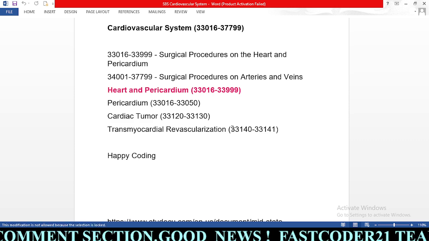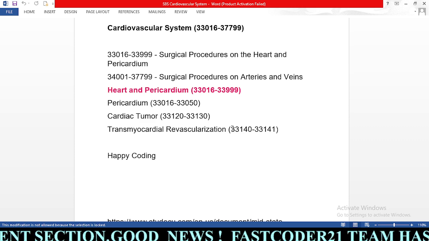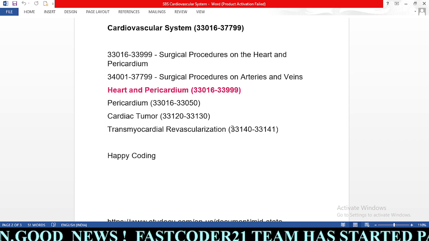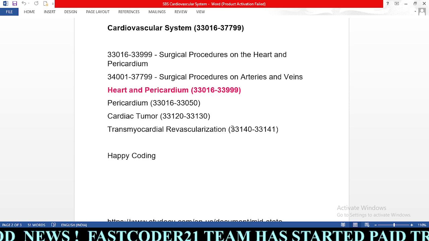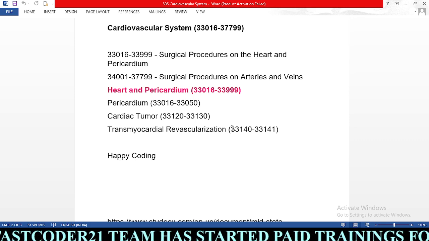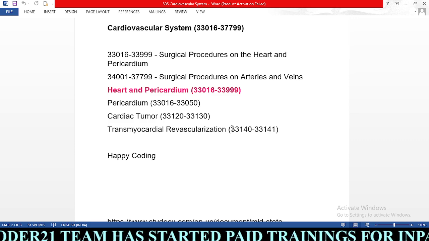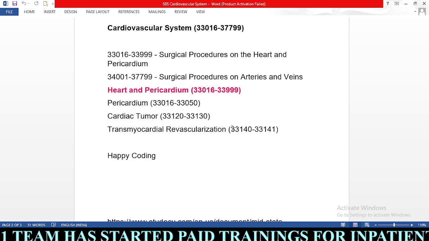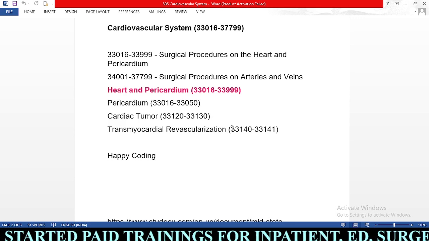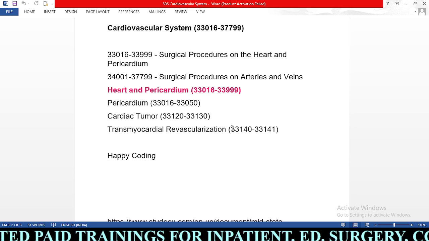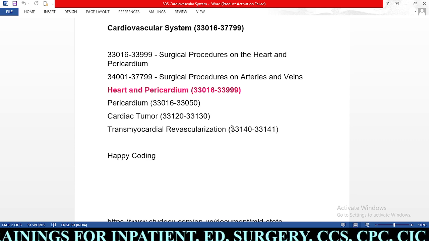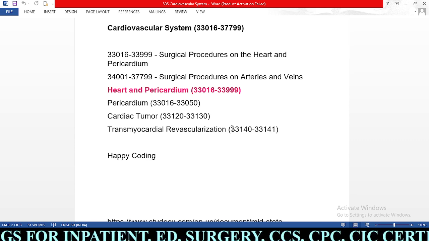In pericardiocentesis, we have few codes including imaging guidance if performed, and also pericardial drainage with insertion of indwelling catheter, and these codes are based on the age. We also have pericardial drainage using imaging guidance, and a code for pericardiotomy for removal of clot or foreign body. Pericardiotomy means creating an incision, and the physician will remove clot or foreign body from the pericardium.